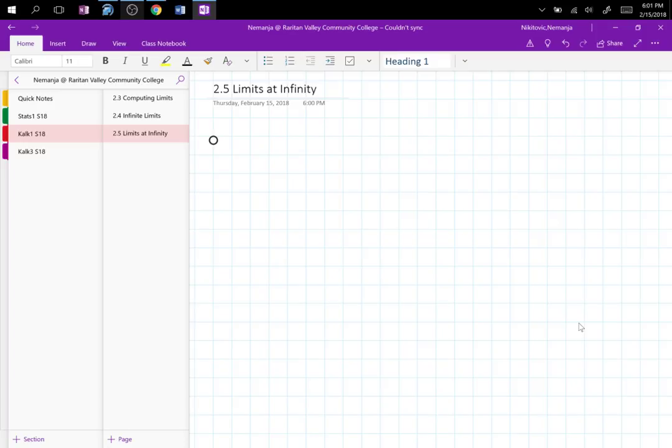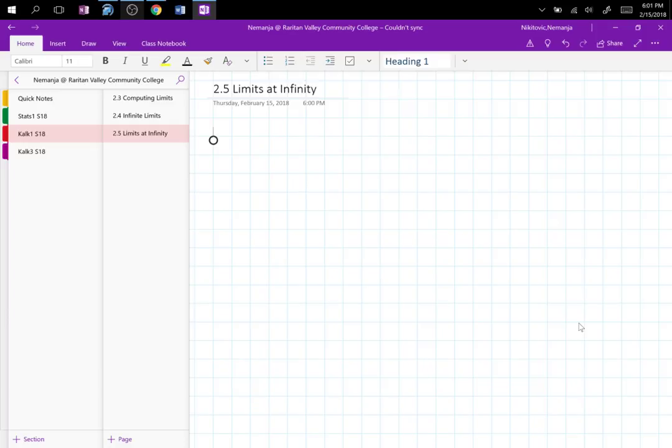Last time we talked about infinite limits, where we expected the answer to be infinity, and that eventually led to the concept of vertical asymptotes. Because for a vertical asymptote to exist, when you approach the x value at which you have the vertical asymptote, the y value tends to go to infinity.